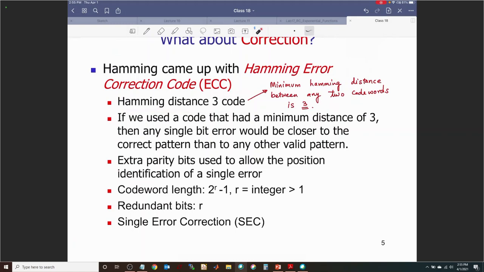And the reasoning behind this particular limitation of Hamming distance being at least 3 is that if you have a single bit error, so let's see, you have a code word and you have another thing that you're comparing with while you are reading it, a code word with one error, right?